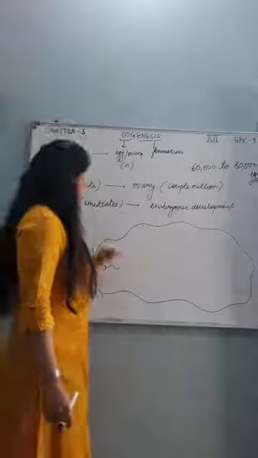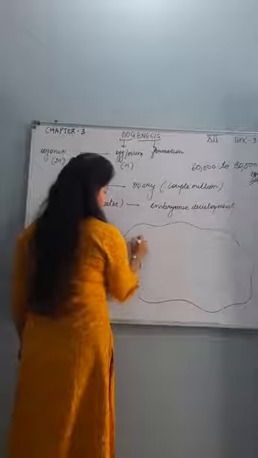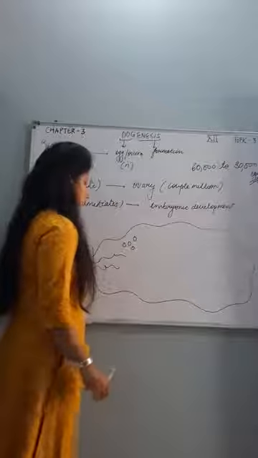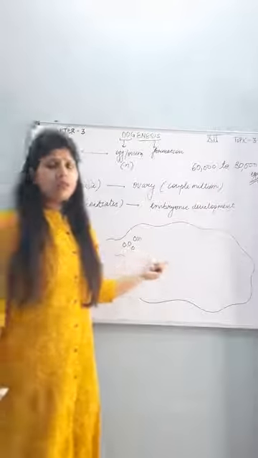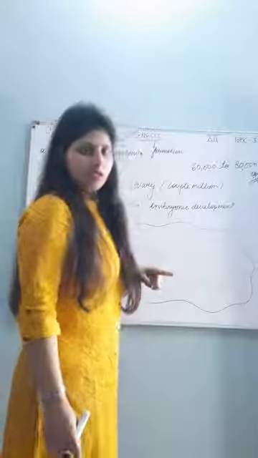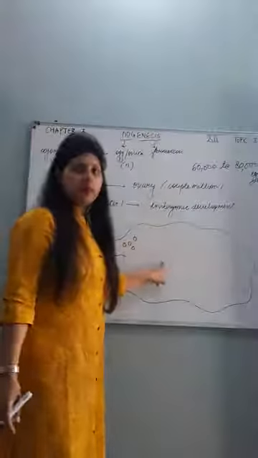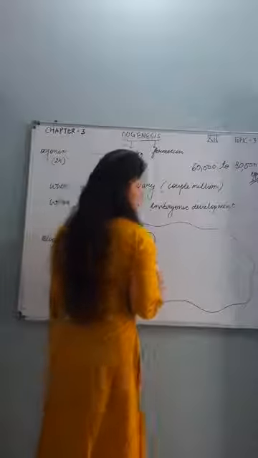Now each oogonia gets nutrition from hormones, like the follicle stimulating hormone we have discussed. FSH is the hormone which is going to develop it into a primary oocyte. So this is the primary oocyte.